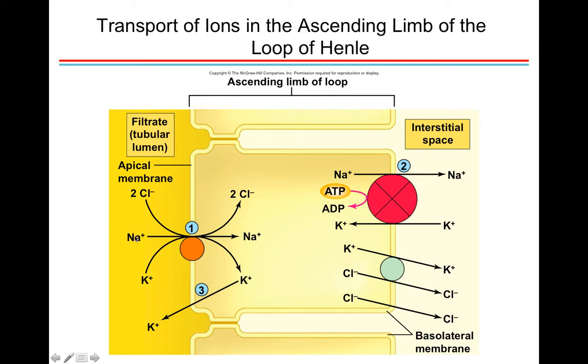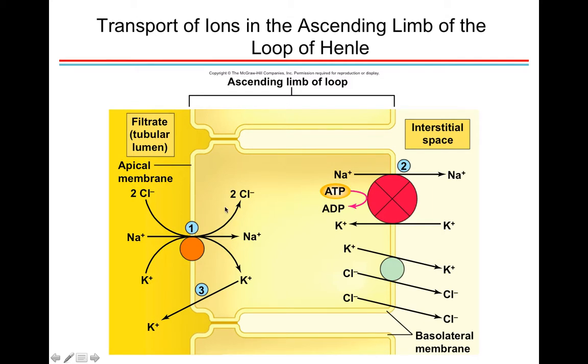This allows for sodium to be entering the cell following its concentration gradient. And the energy of following this sodium concentration gradient allows for potassium to be brought into the cell against its concentration gradient, and also for chloride ions to be brought into the cell against their concentration gradient.